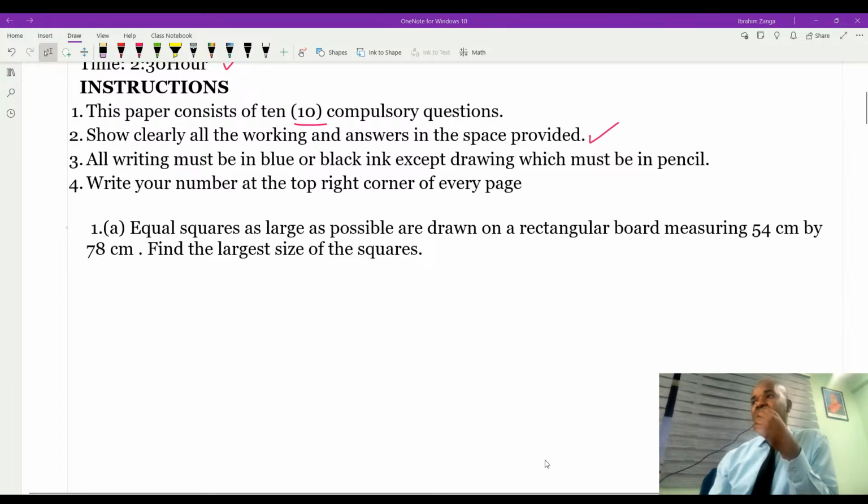So with this question, we are supposed to find actually LCM of 54 and 78. And to get the LCM, we are going to use prime factorization method.